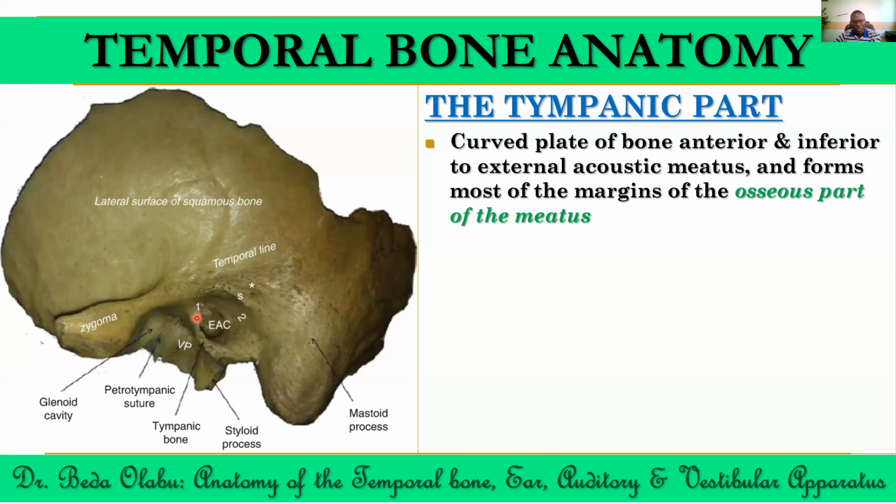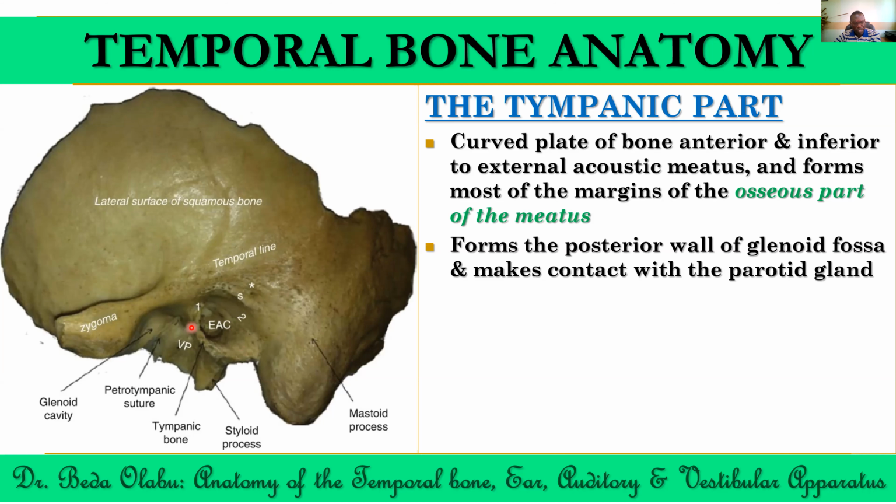So this is the tympanic bone. It actually forms most of the margins of the osseous part of the external auditory meatus or external auditory canal. We'll talk more about that when you look at the spaces and cavities within the temporal bone.